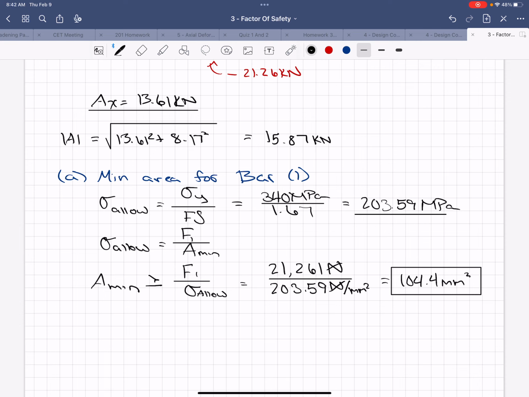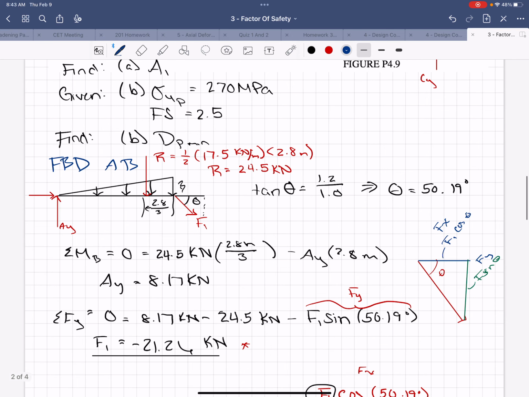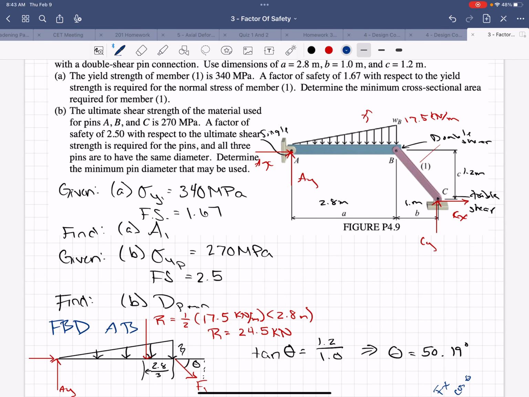Part B is a bit more work. It wants the minimum diameter if all the pins of A, B, and C are going to be the same size. So of A, B, and C. So we know that pin B and C, B is in double shear, C is in double shear.